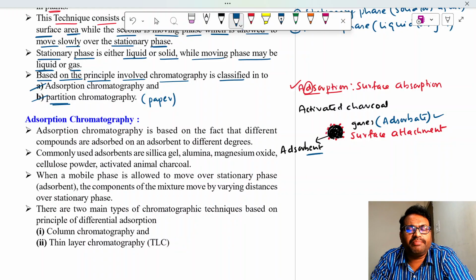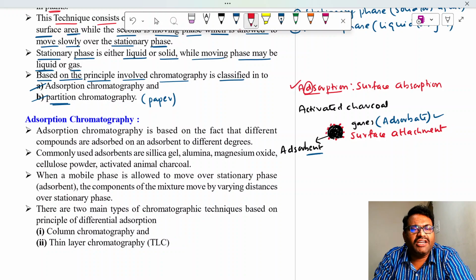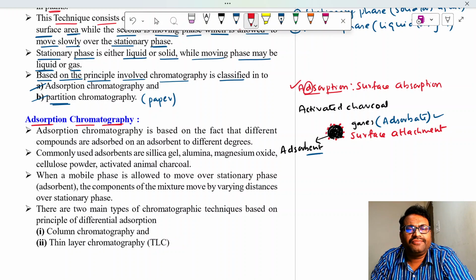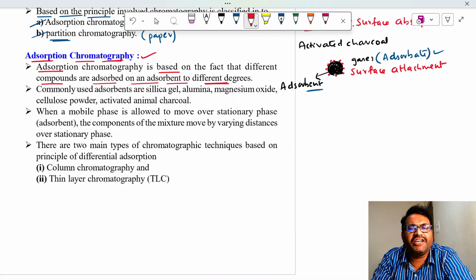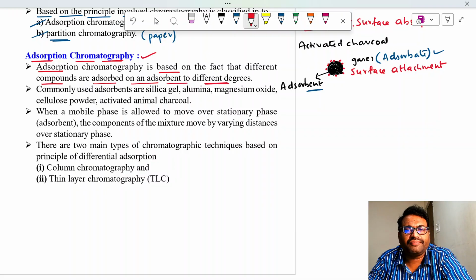We'll study what is meant by paper chromatography and what happens in it. But first let us go with adsorption. Now we have studied what is meant by adsorption. We are studying adsorption chromatography. What is adsorption chromatography? Adsorption chromatography is based on the fact that different compounds are adsorbed on an adsorbent to different degrees. So all these substances will not adsorb to the same extent.